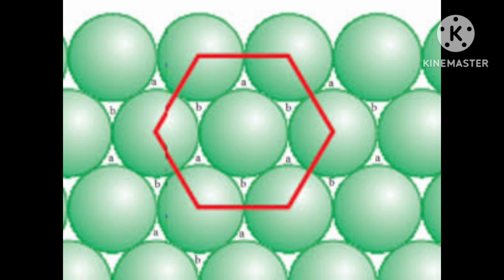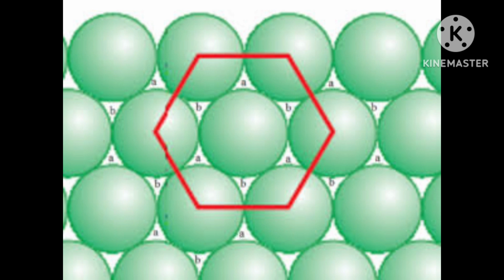In two dimensions, two categories were there. One was square close packing. Square close packing means any sphere in the middle is surrounded by 4 spheres.